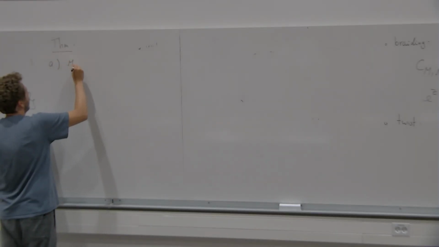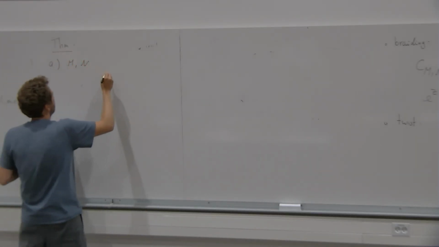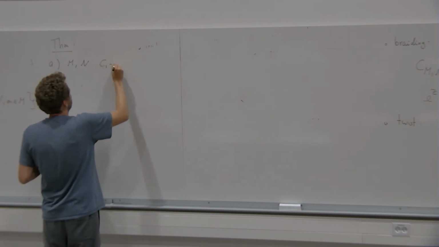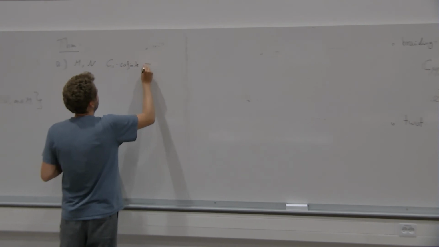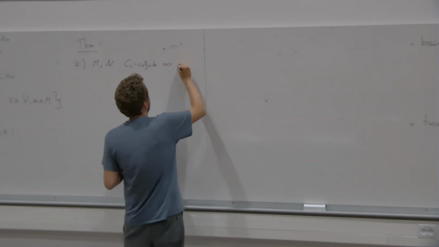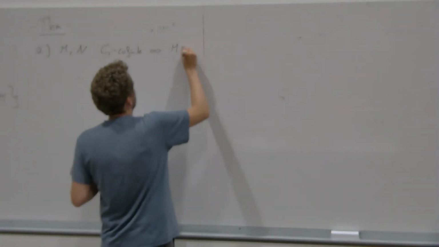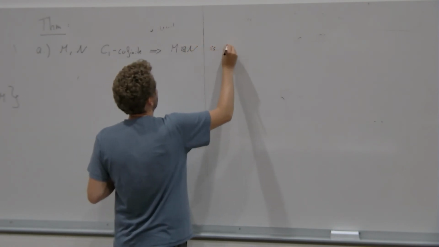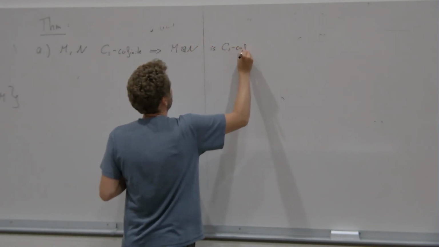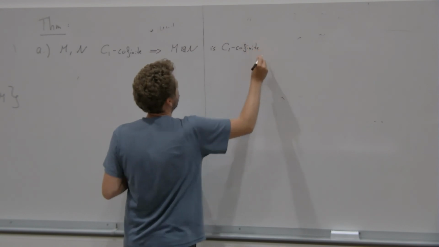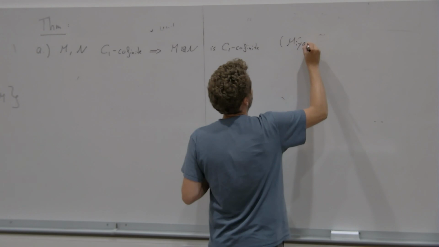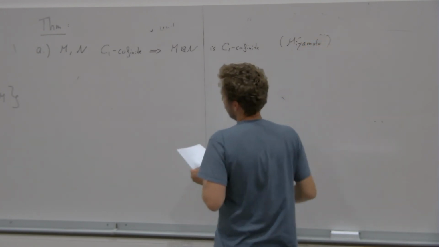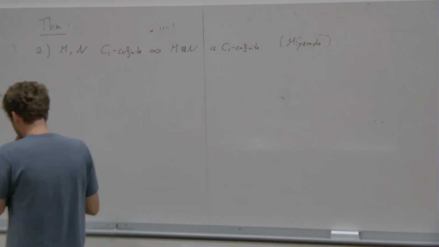Statement number 1: if M is a C1 cofinite module and N is a C1 cofinite module, it follows that their tensor product is C1 cofinite. So this is a very useful theorem. Let me also give the name, because it's so useful. It's done by Miyamoto.